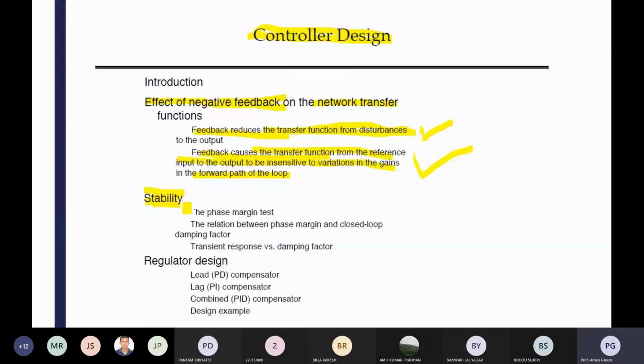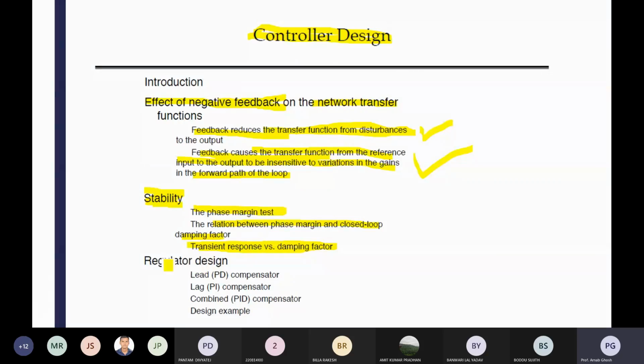Different methods are there, so we have to test it. Normally we check stability by the phase margin test, the relation between the phase margin and the closed loop damping factor. The transient response versus damping factor, all of that is related to stability studies. I'll discuss that in a later slide. So this is only the outline of the control design topics.